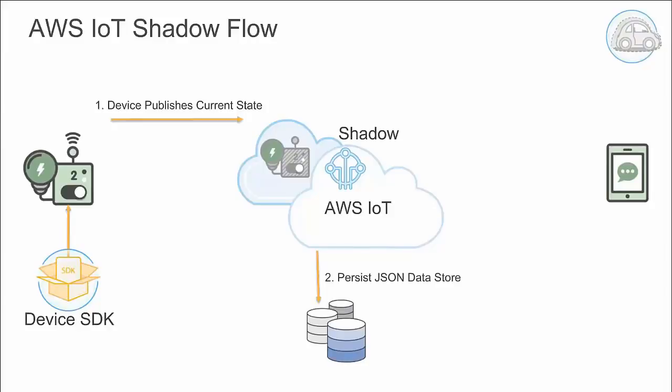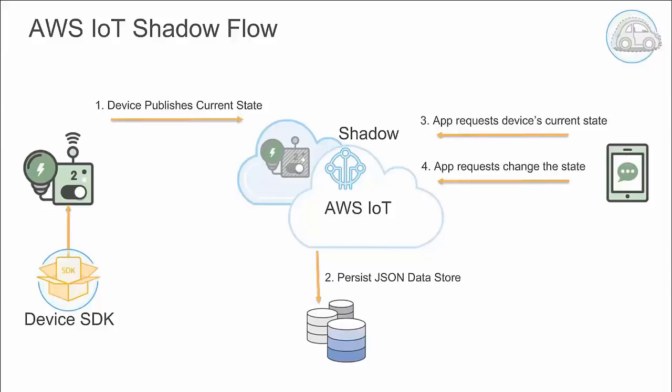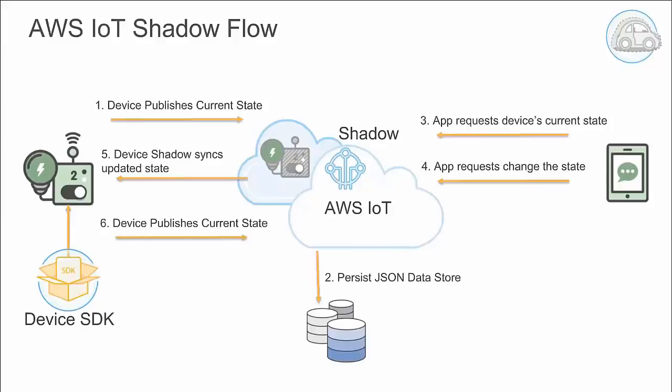It will persist that in that JSON data store within the AWS IoT service. Applications can request that and they will read it out of the data store. They can change the state and that will update that data store. And the next time you synchronize the shadow from the device, you'll get the updated state back from that data store, and you'll publish your current state back from the device to it, as I mentioned.